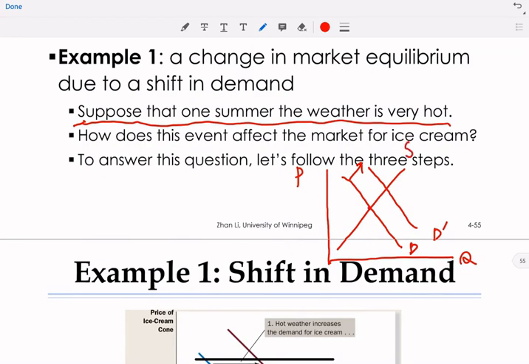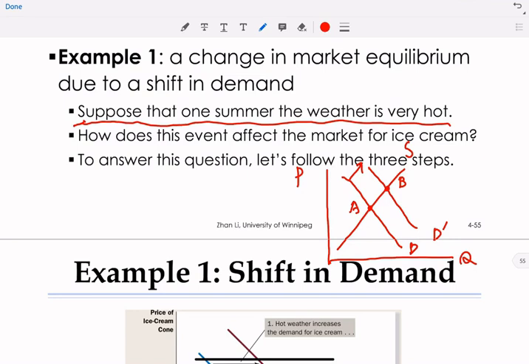Initially, the market equilibrium was here, let's call this point A. And because of the hot weather, we have a different market equilibrium at point B. Comparing A and B, you can see two things: the price of ice cream cones will increase, and the quantity demanded for ice cream cones will also increase.